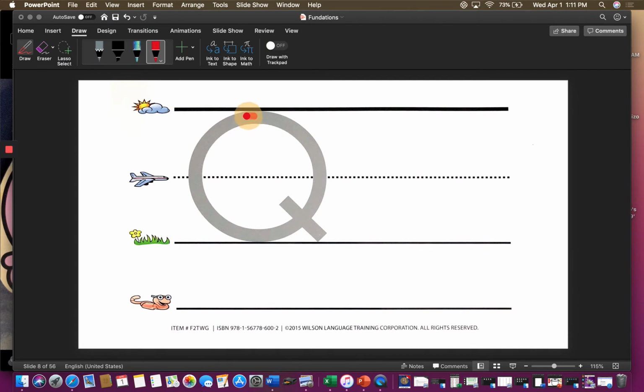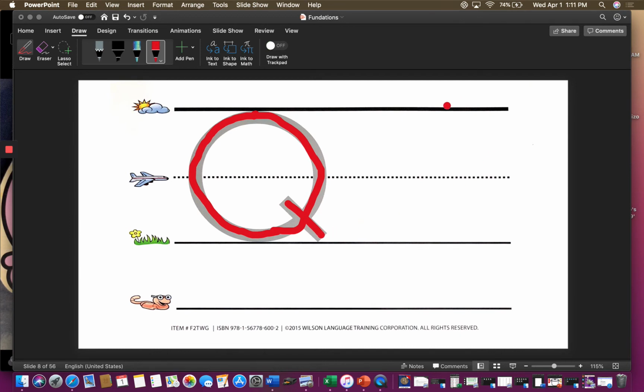We're going to trace back, then down, around to the grass line, and around back up to the skyline. I'm going to stop. And then in between the plain line and the grass line, we're going to make a tail for the Q. Queen, Q, queen, qua.